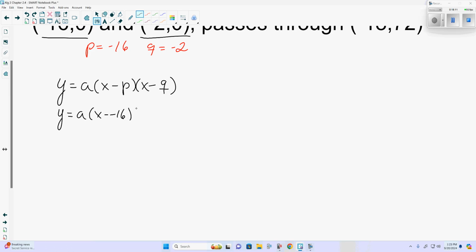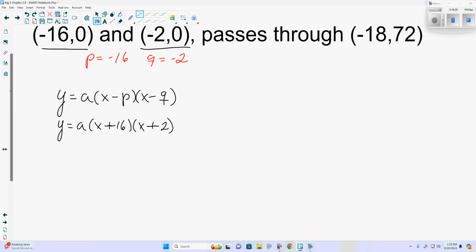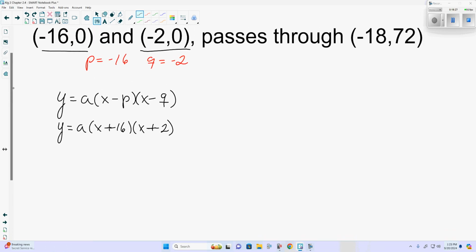So we get y equals a times x minus -16 times x minus -2. But our negative negatives make a plus in both cases.